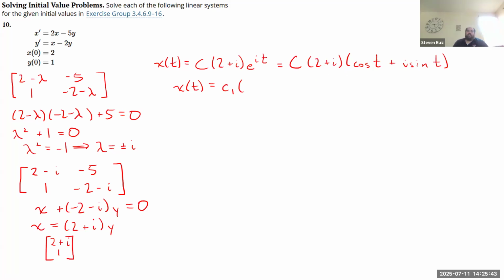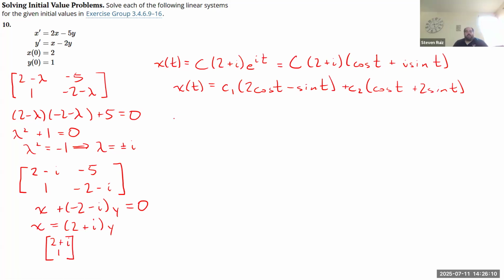C1 times 2 cosine t plus i squared sine t, so 2 cosine t minus sine t, plus C2 times the imaginary stuff. So i times cosine t, so cosine t plus 2i sine t, so plus 2 sine t.